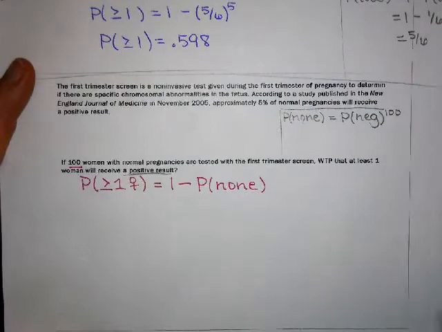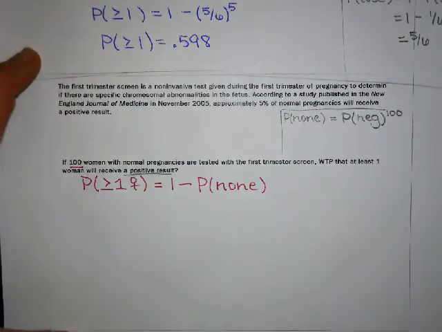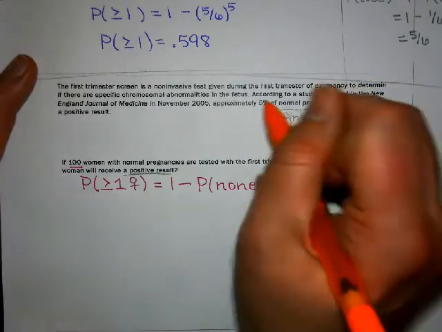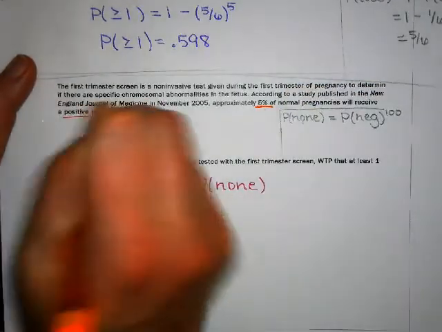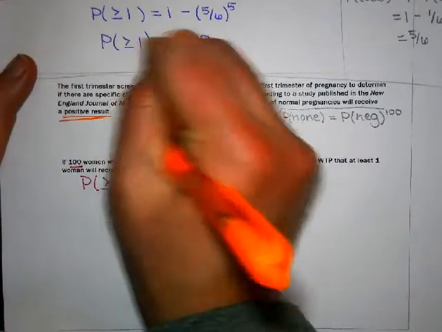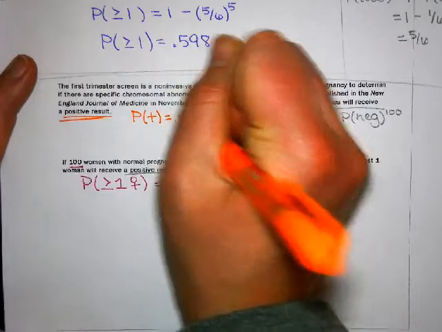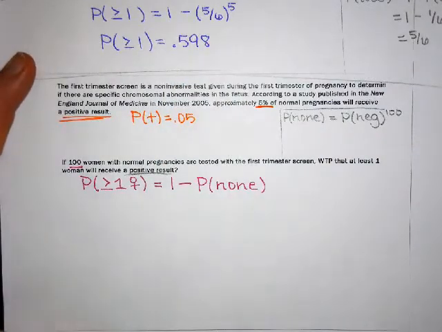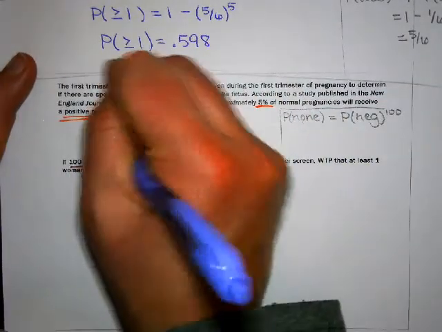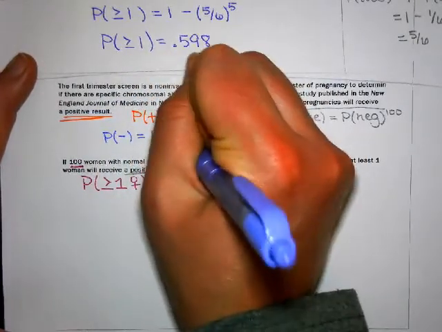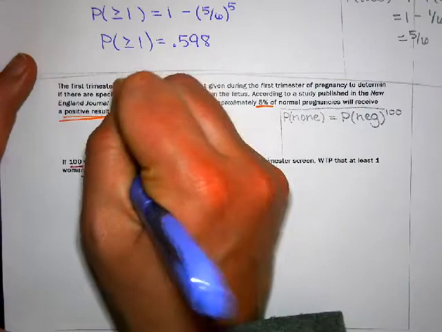Now we're told here that 5% get a positive result. So the probability of positive is 0.05, which means that the probability of negative comes from 1 minus 0.05, or 0.95.